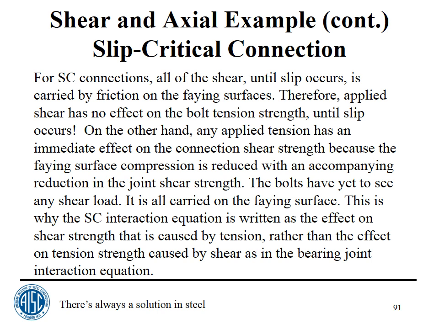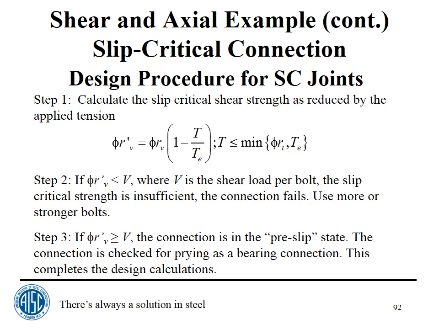The bolts have yet to see any shear load. It is all carried on the faying surface. This is why the slip critical interaction equation is written as the effect on shear strength that is caused by tension, rather than the effect on tension strength that is caused by shear, as in a bearing joint. So there's a big difference between these joints.